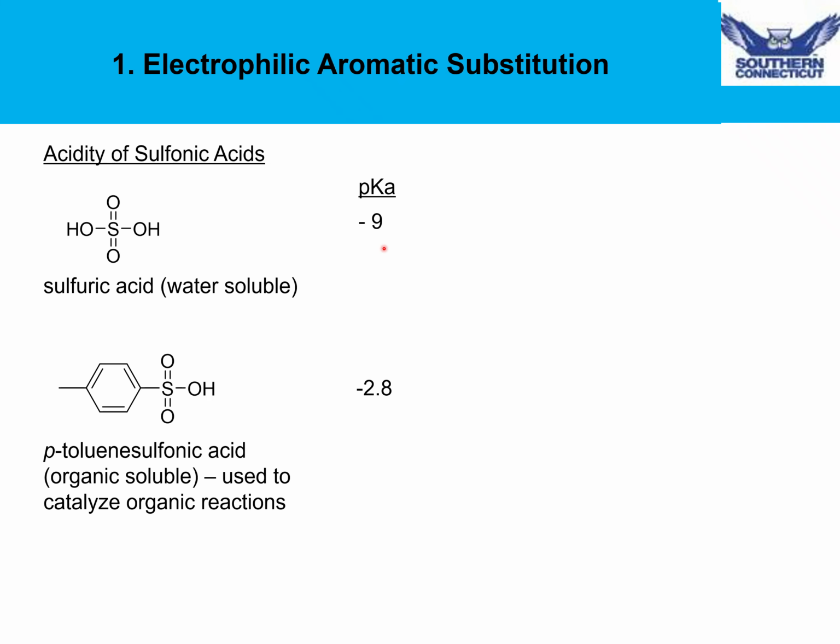However, many sulfonic acids are also used as organic soluble acids. As an example, para-toluene sulfonic acid, which is shown here, has a pKa of -2.8, so almost as low as sulfuric acid.